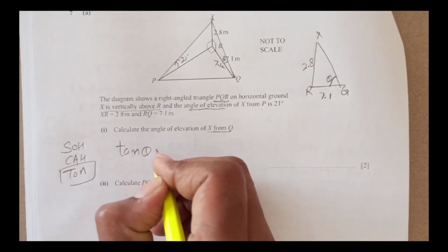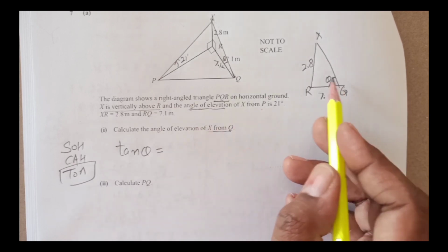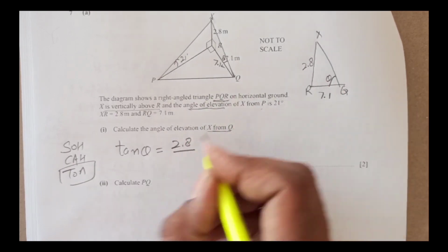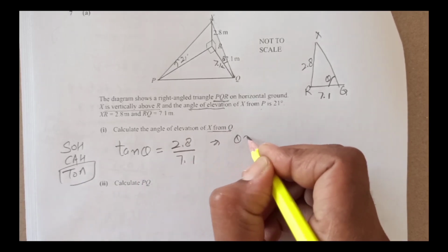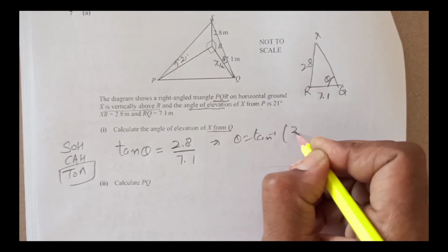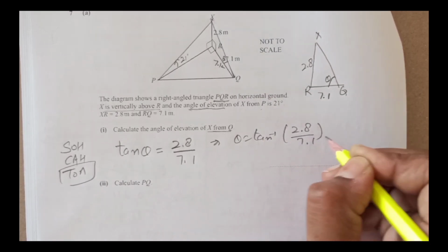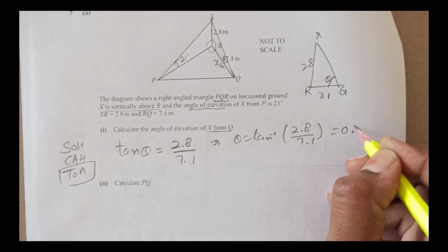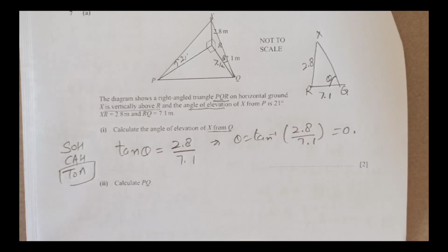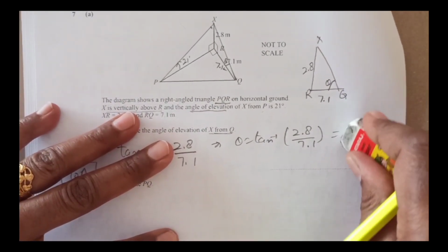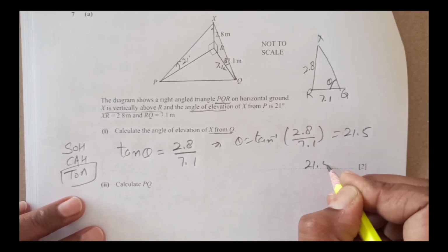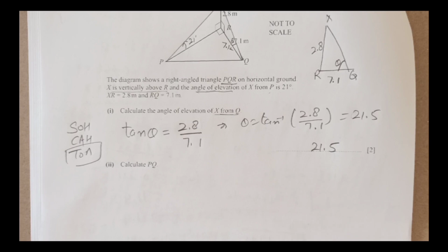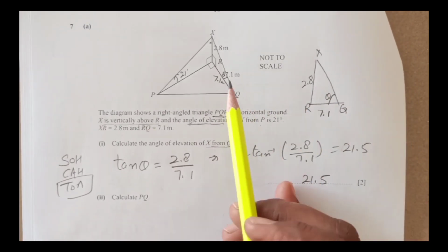So tan theta is going to be opposite 2.8 over 7.1. So theta is going to be tan inverse of 2.8 over 7.1. After calculation, after taking the inverse, it's 21.5, right?